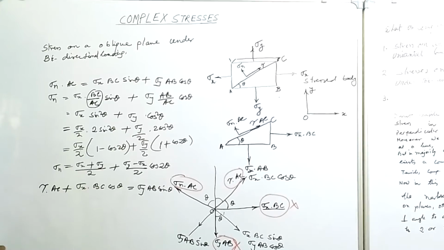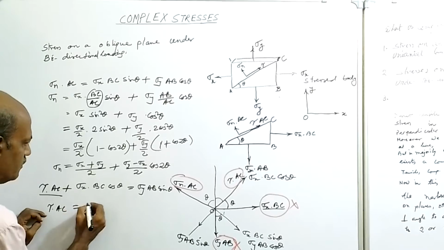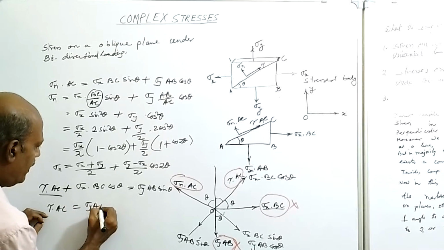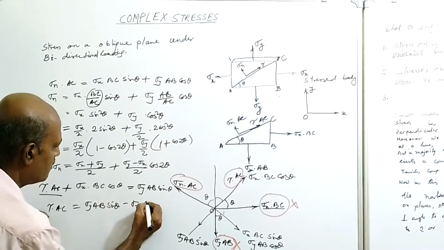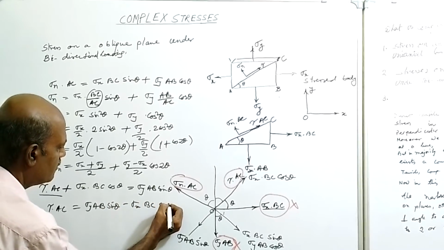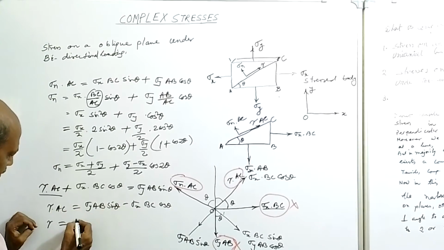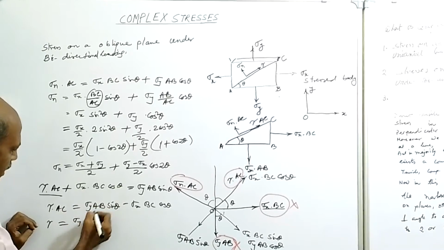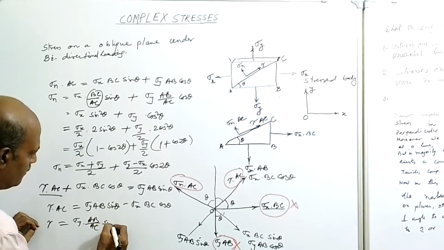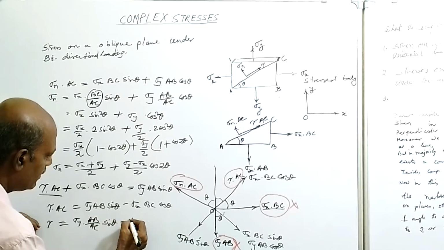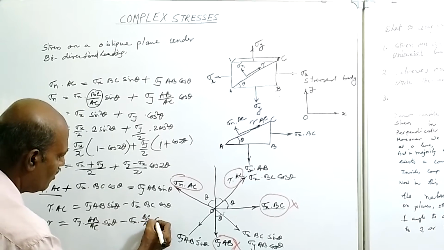Okay, so tau into AC becomes sigma y AB sin theta minus sigma x BC cos theta. Now tau is equal to this divided by AC. So sigma y into AB by AC sin theta minus sigma x BC by AC cos theta.